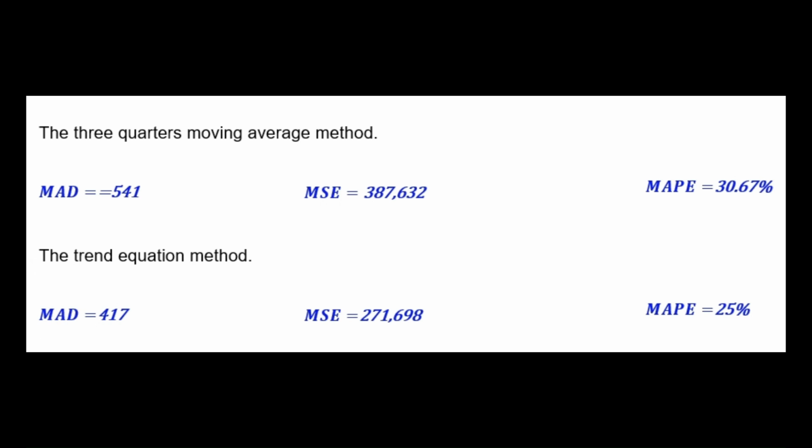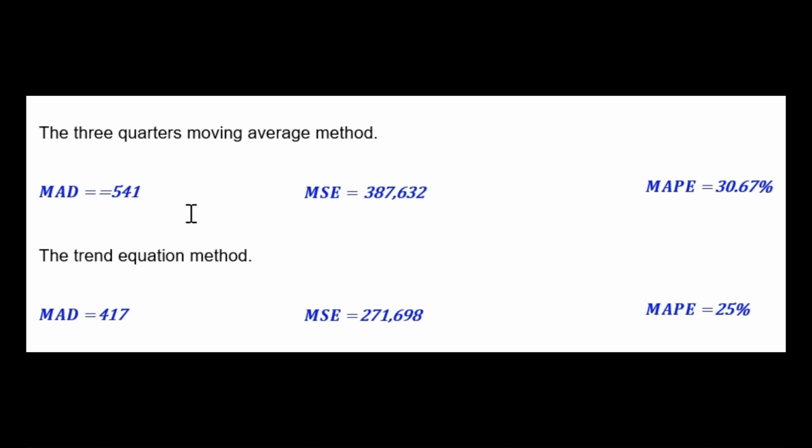While for the trend equation method, MAD equals 417, MSE equals 271,698, while MAPE equals 25%.